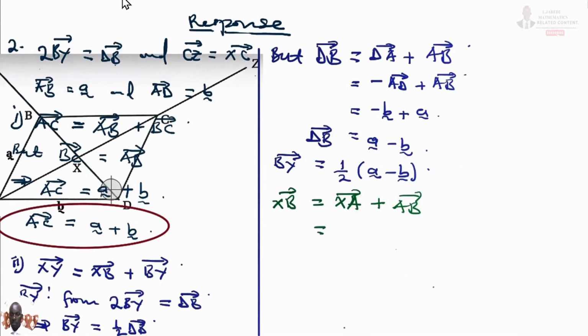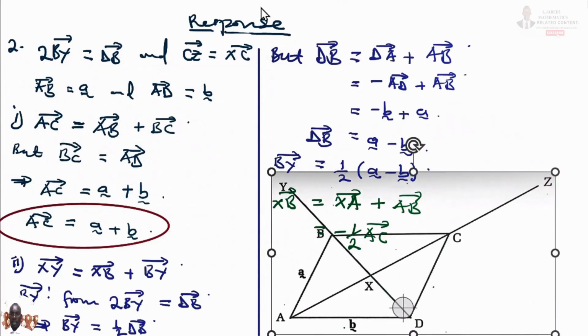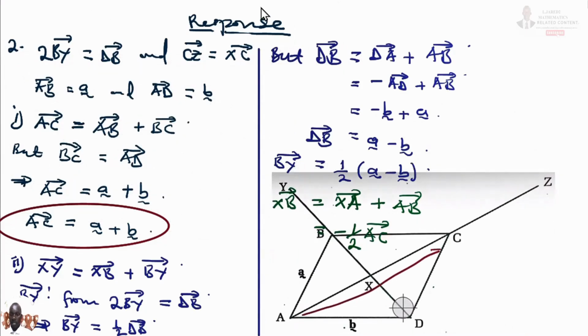This is equal to our vector XA, which is the same as the negative half of vector AC, because there has been a reverse in direction. As we can see, remember we got the vector AC which was taking this direction, and for us we are getting just vector XA which is taking this direction, and we are saying that this point X is the midpoint of the line AC.